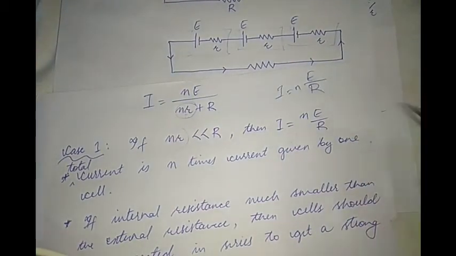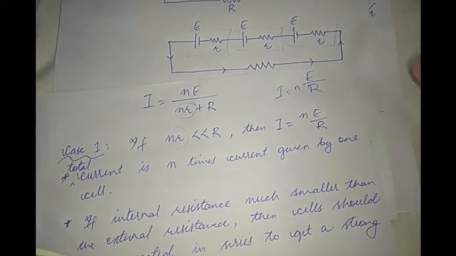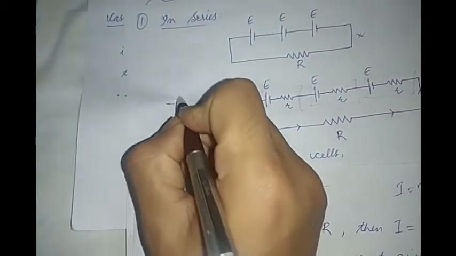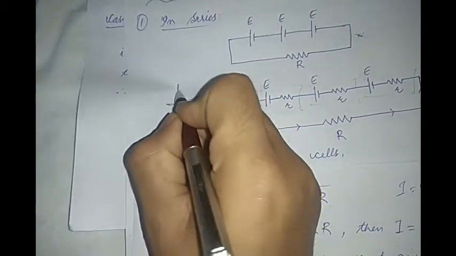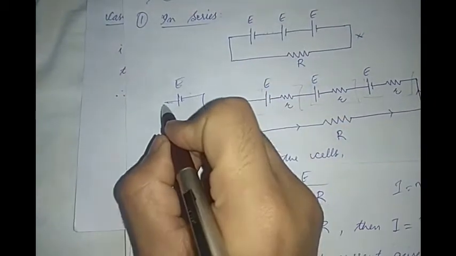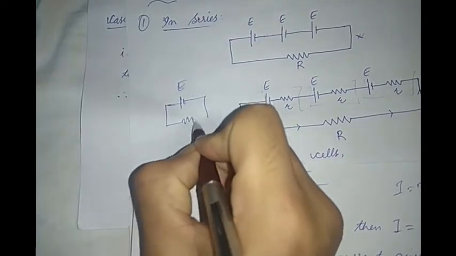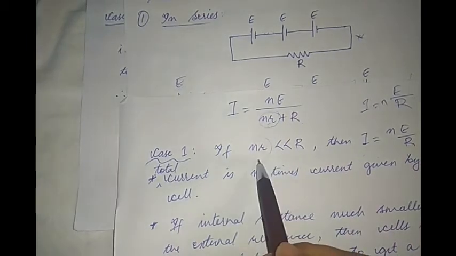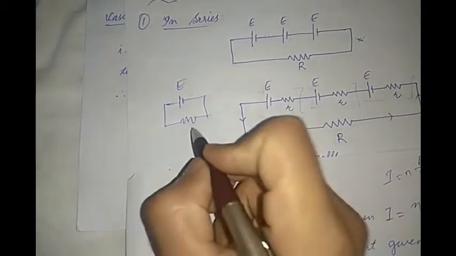Now what is E by R? E by R is approximately the current given by a single cell. Say for example, we only had a single cell. Let me draw it over here. We only had a single cell whose EMF, of course, was E, and let us consider it had no internal resistance. We are neglecting internal resistance over here. So this cell has no internal resistance and this is the external resistance.